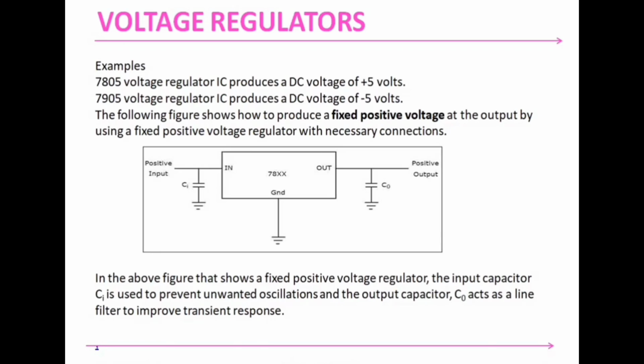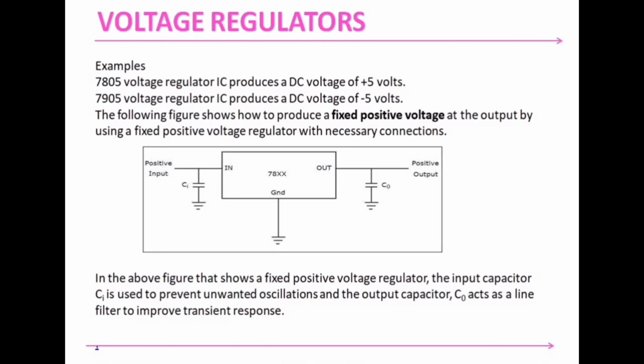So in the above figure, this shows us a fixed positive voltage regulator. This input capacitor Ci is used to prevent unwanted oscillation, and the output capacitor C0 acts as a line filter in order to improve the transient response.